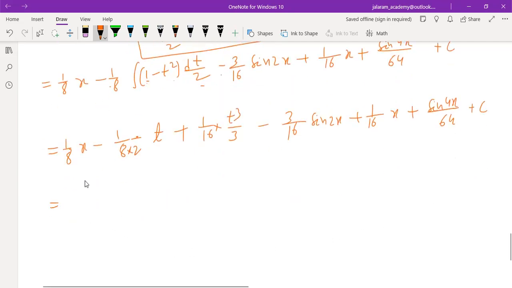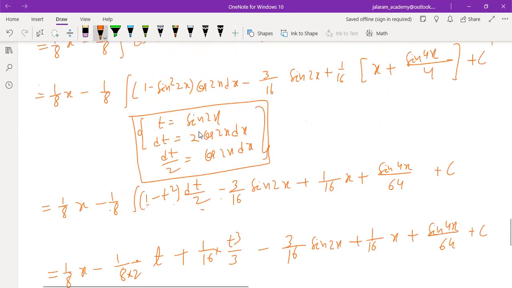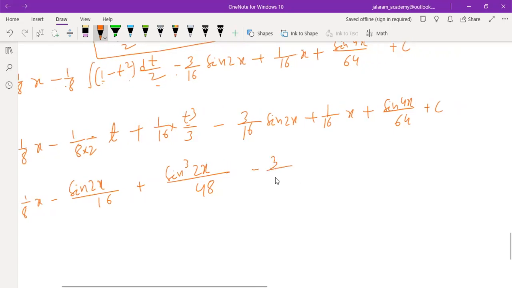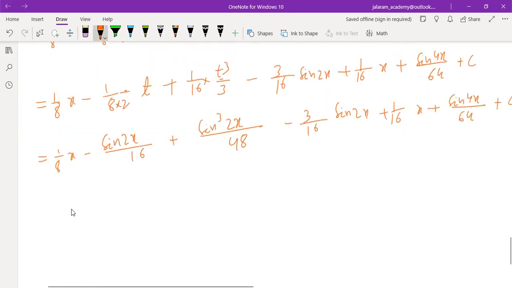So now 1 by 8x minus t is written as sin 2x, sin 2x by 16 plus, again t is written as sin 2x, so sin cube 2x upon 48 minus 3 by 16 sin 2x plus 1 by 16x plus sin 4x upon 64 plus c equals to, now this 1 by 8x plus 1 by 16.